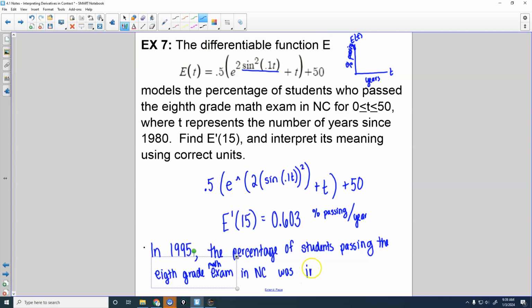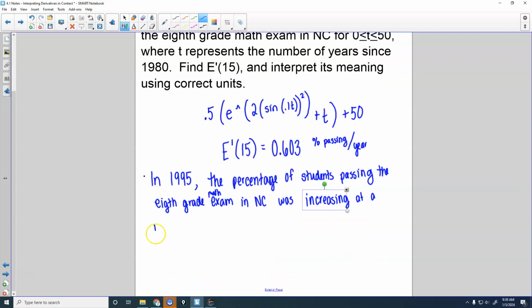Increasing. At a rate of 0.603% per year. Okay, questions?